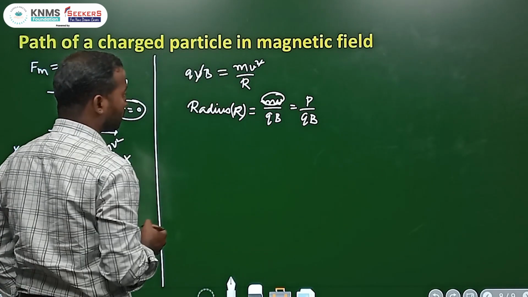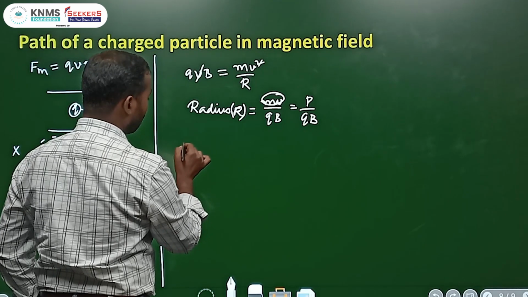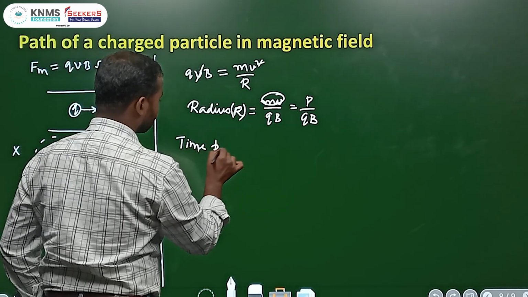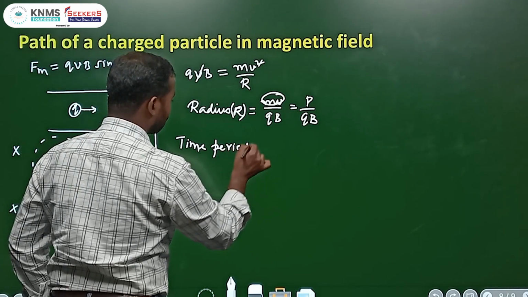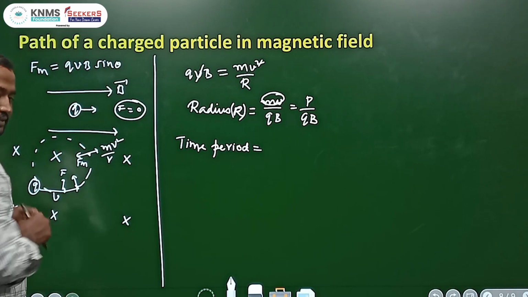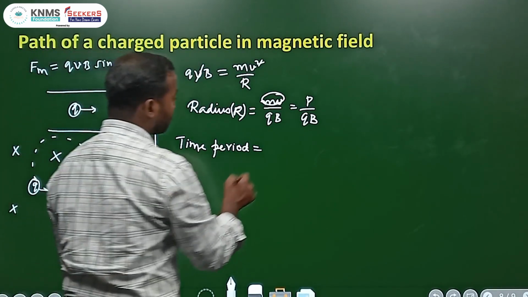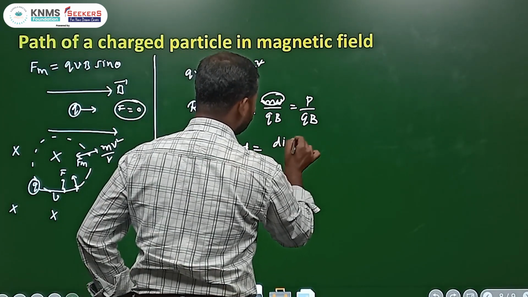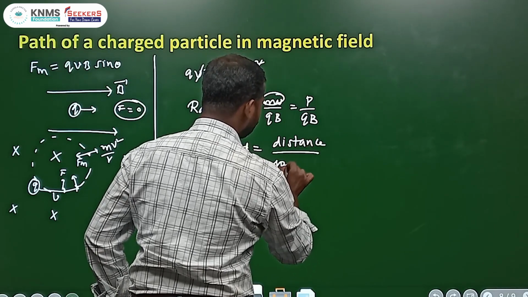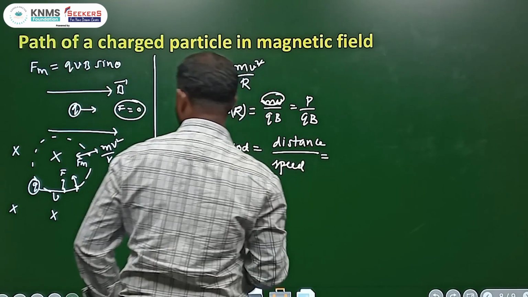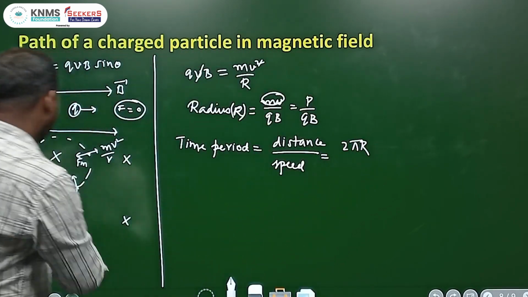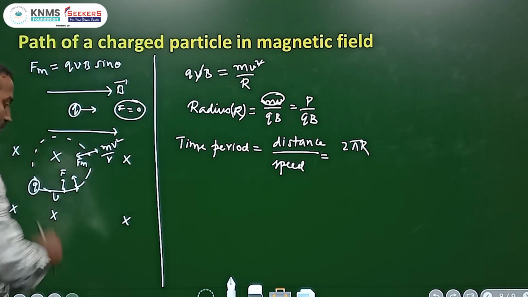Let us talk about the time period. Time period is how much time it takes to complete one full cycle, that is distance by speed. What is the distance here? From here to here, it covers a distance of 2 pi r.